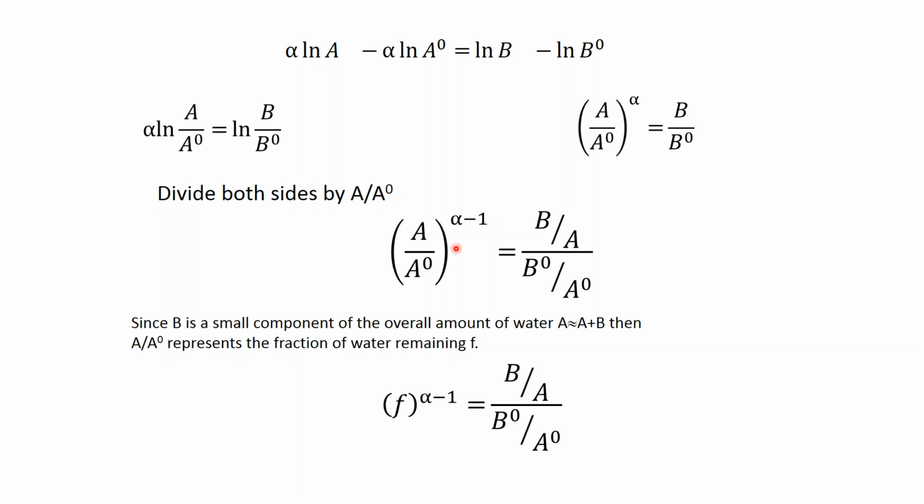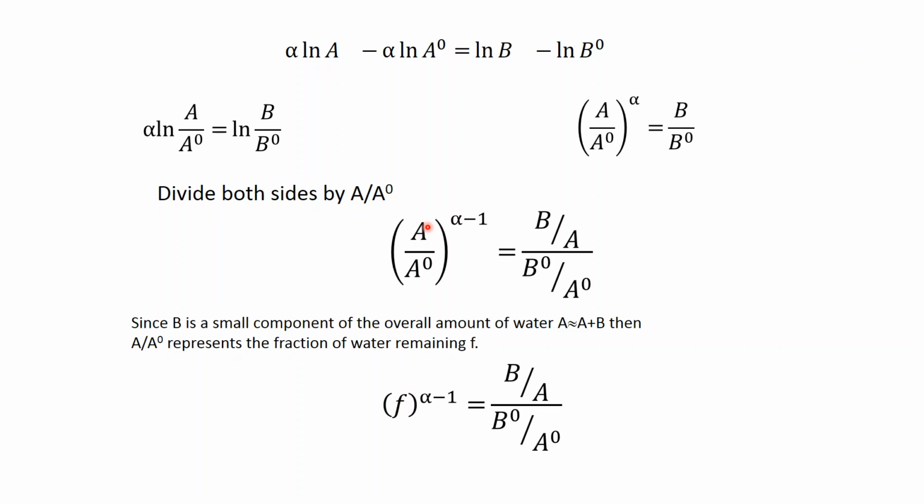I guess we could have plugged in the F up here, but actually this A over A naught, because most of the oxygen in water is going to be O16 rather than O18, we can approximate the fraction of all of the water that is remaining as the fraction of the O16 which is remaining. So that's an assumption we make here.